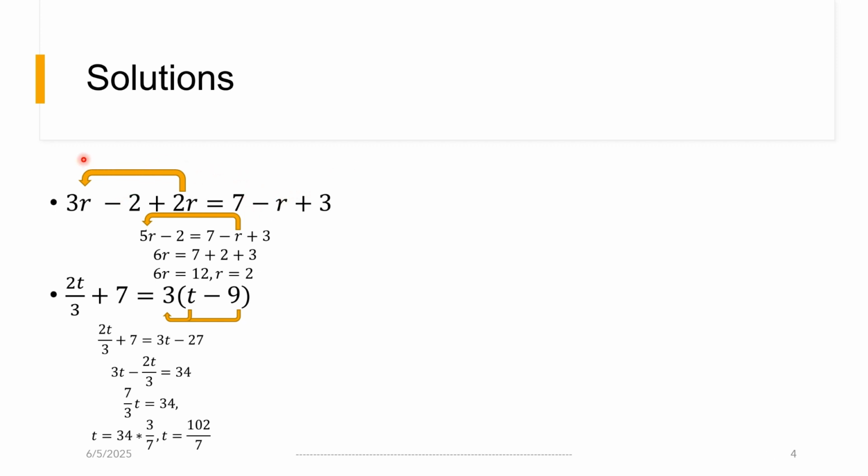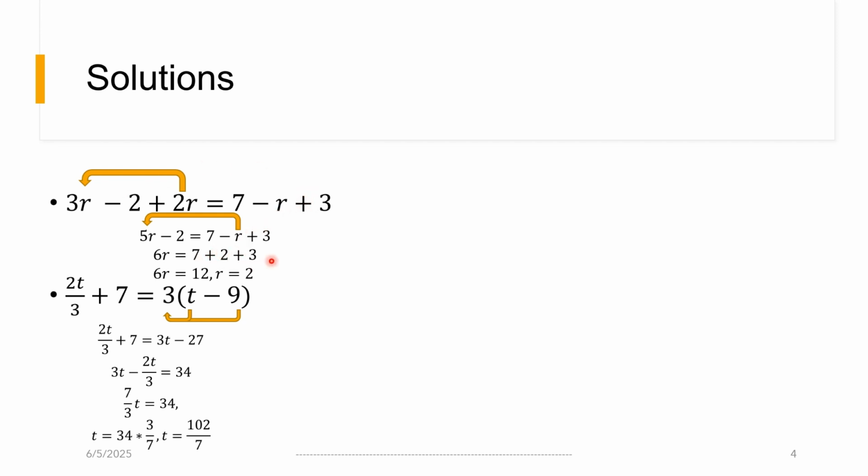So this is just basically solving multi-step single variable equations. We can combine like terms for these two, and that becomes 5r. We move the r over, reversing the sign, making it positive r. That would be 6r. We move the negative 2 over, and that becomes positive 2.